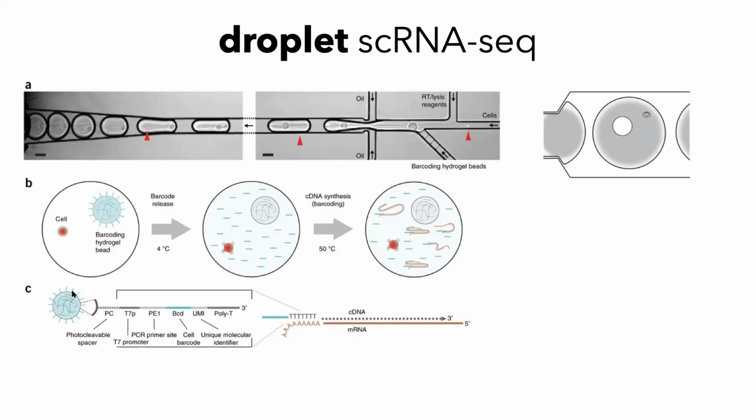So all the droplets can be pooled, sequenced together, and the reads can then be assigned to the cell of origin based on the barcodes. So these droplet platforms have the highest throughput since the library preparation costs are around 5 cents per cell. And sequencing costs become the limiting factor.